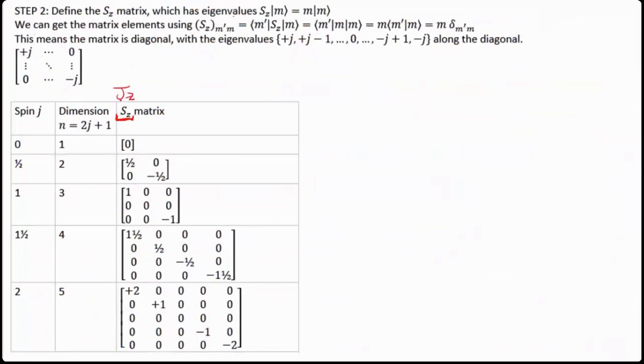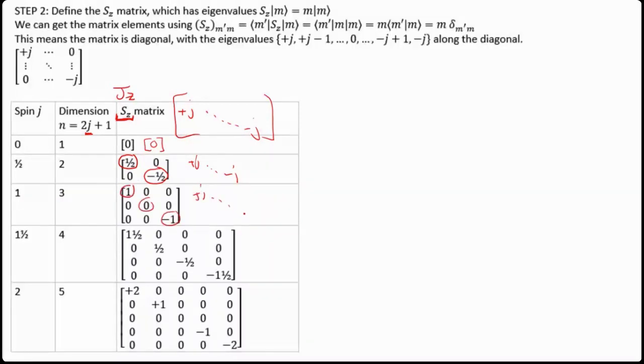But for the JZ, all you have to do is take whatever J is and go from plus J at the top all the way to minus J at the bottom. So for spin 0, it's just a 1x1 matrix of 0. For spin 1/2, I have plus a half, minus a half, so that's plus J all the way down to minus J. For spin 1, it's 1, 0, -1.